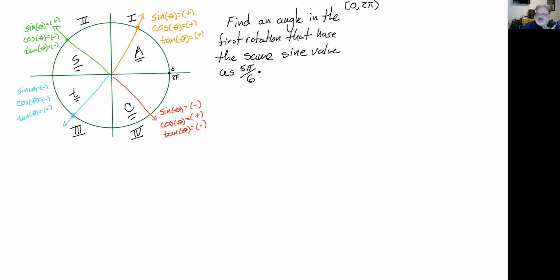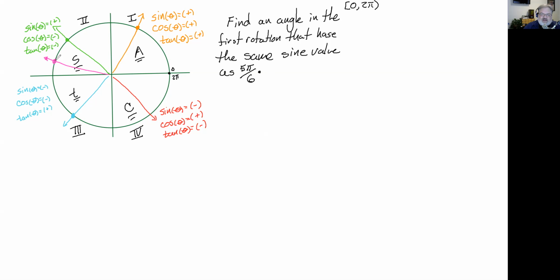This often seems like kind of a strange question the first time you try to approach it. But let's look. 5 pi over 6. We know 5 pi over 6 is more or less over here.